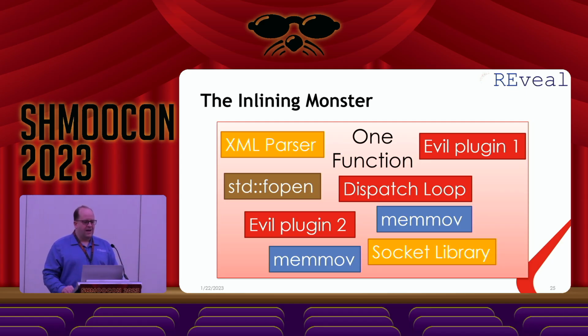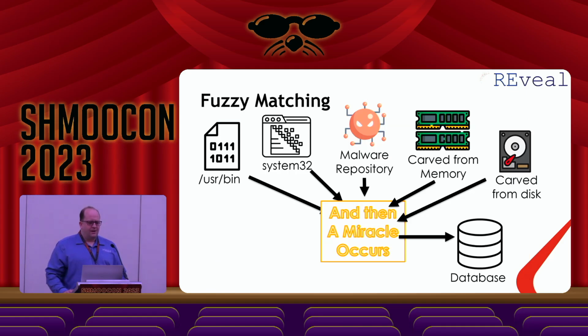So you might have this one function with all sorts of different things, and usually it's main, or your main callback routine, that gets all these different things. I even have two copies of memmove in here, so you can imagine these functions get really huge. So if we're going to rely on a fuzzy hashing algorithm to match whole functions, then we're going to have a bad time. It'd be like saying, and then a miracle occurs at step 2.